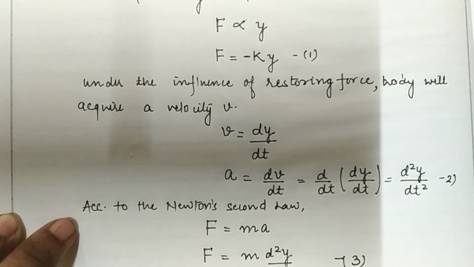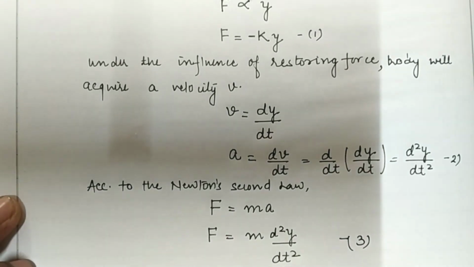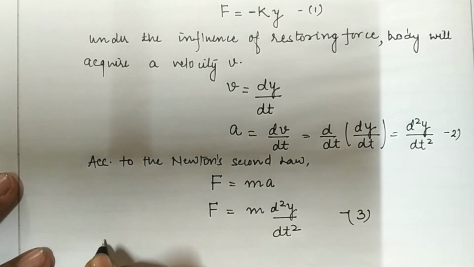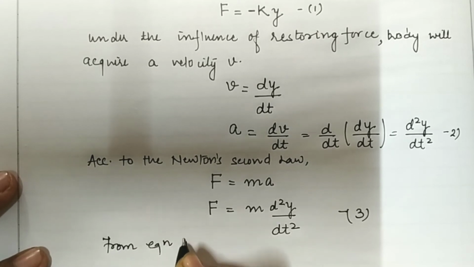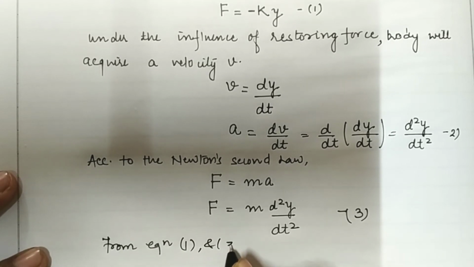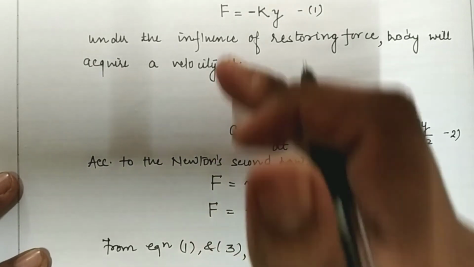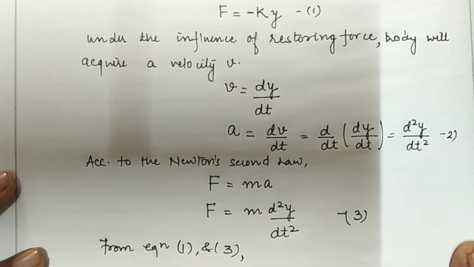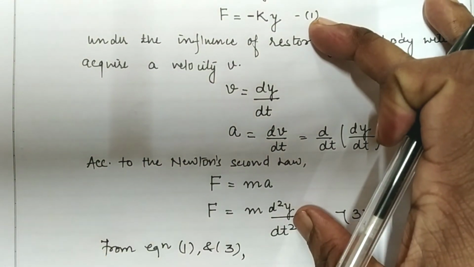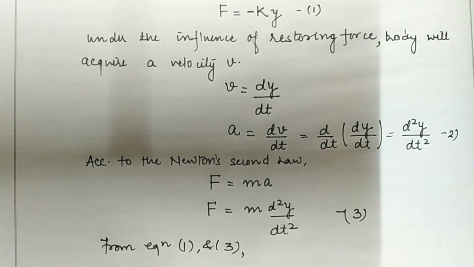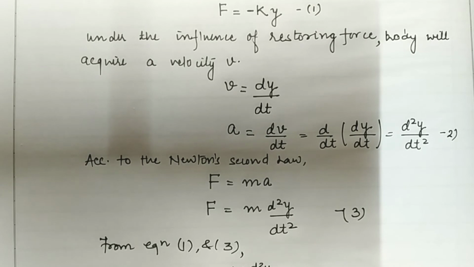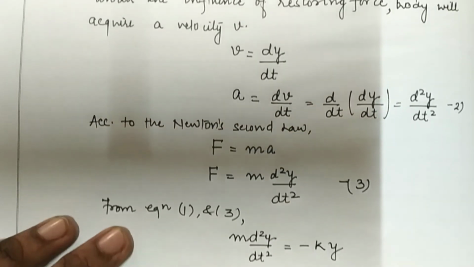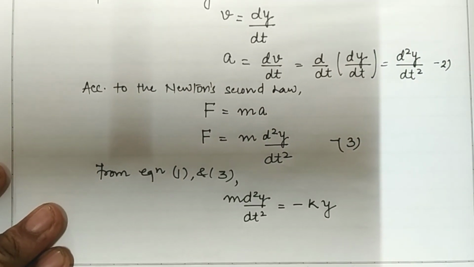Children, now we are going to combine the information from equation number 1 and 3. From equations 1 and 3, we can conclude that because the LHS of these two equations are equal, the RHS will also be equal. So m d2y upon dt square should be equal to minus k into y.